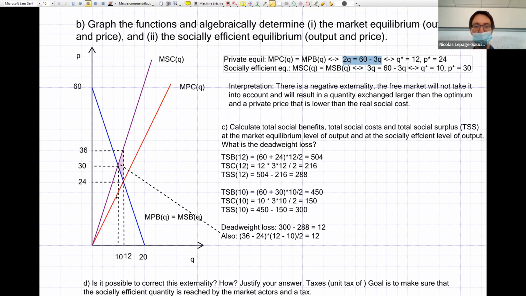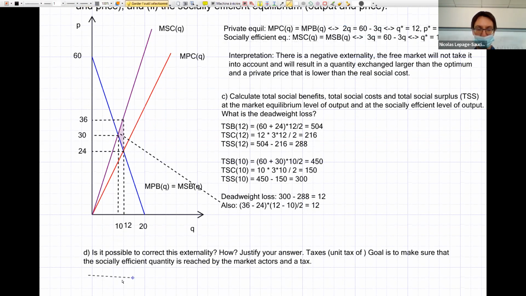But then I'm going to introduce a tax there. So it's going to be 2Q plus the tax rate paid by the producers must equal the private marginal benefit, which is equal to the, so 2Q plus the tax rate must equal the, and then the social quantity. So that's a tax, and the very efficient.